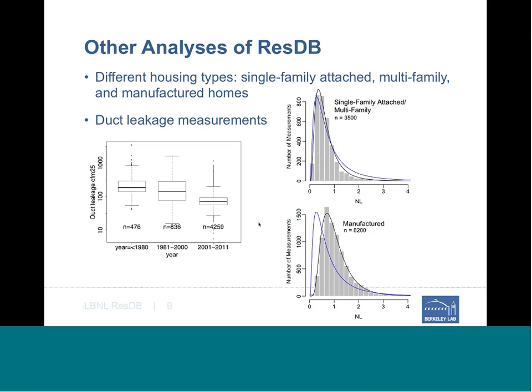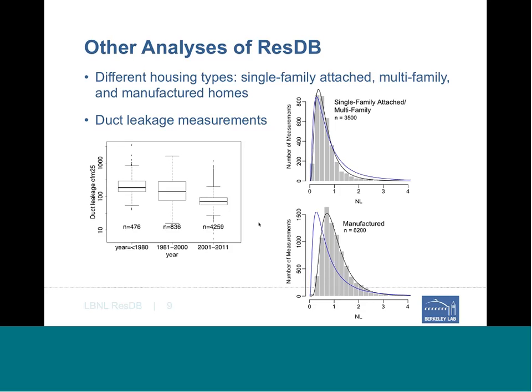This time around, we're also doing something different, which is instead of just looking at whole building envelope leakage, we also look at duct leakage measurements. I'm showing here some preliminary results of duct leakage measured by duct blasters, CFM25, plotted as a function of years. We think it's important as we move forward to consider other types of diagnostics and look at them in conjunction with air leakage measurements.